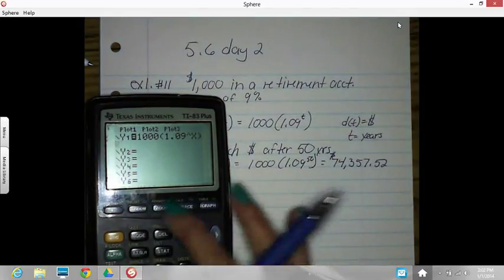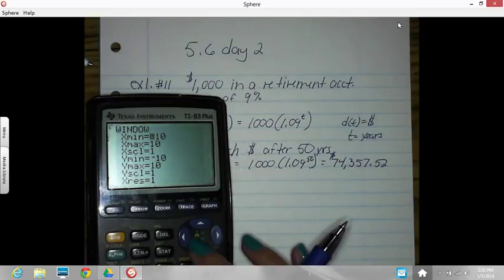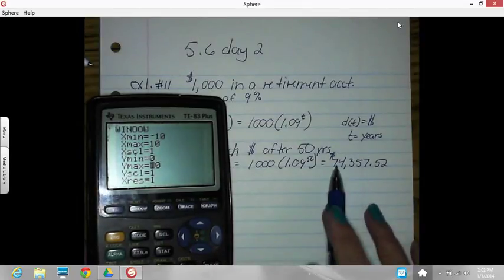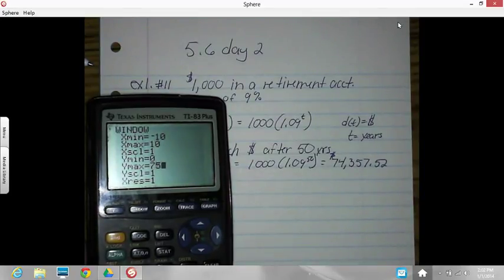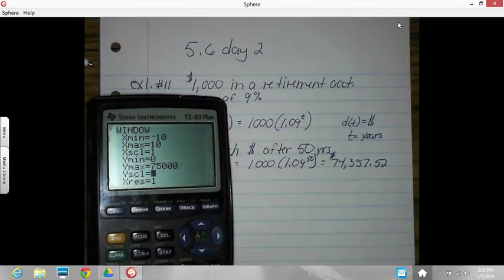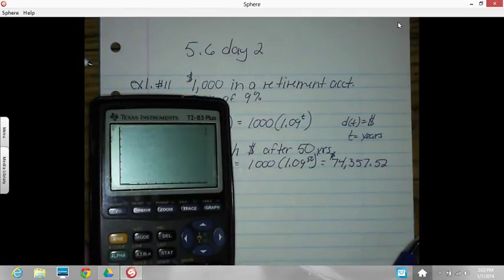So if I started the y's at 0, and I know I've got to get up to like 75,000 to see the 50 years. And the time went from 0 to 50. All right, let's see what we get there. So there's my money. Starts growing rather quickly as it goes out.